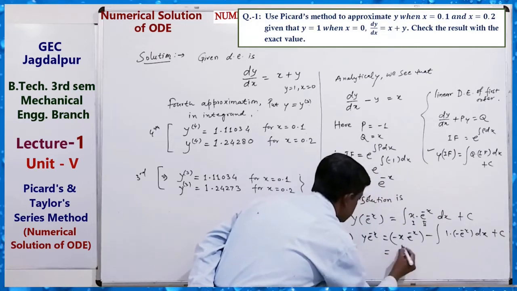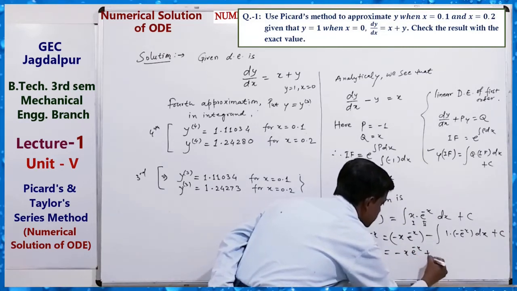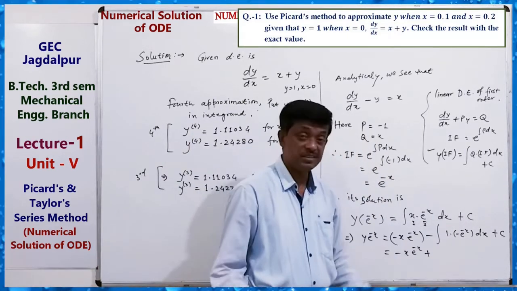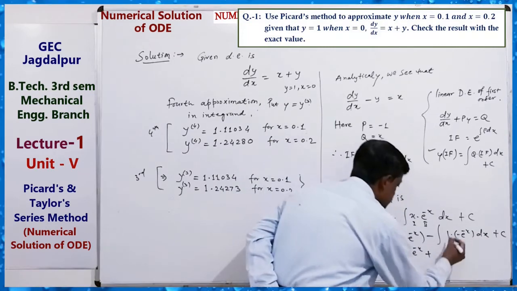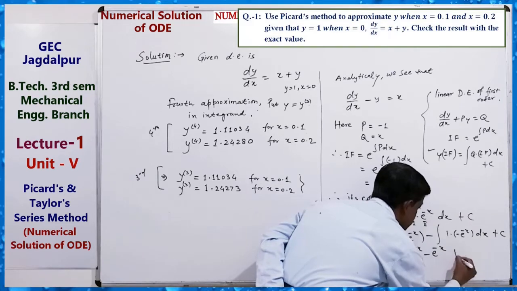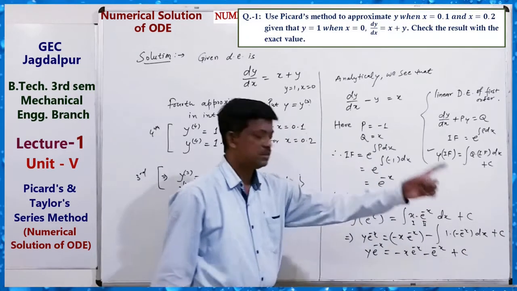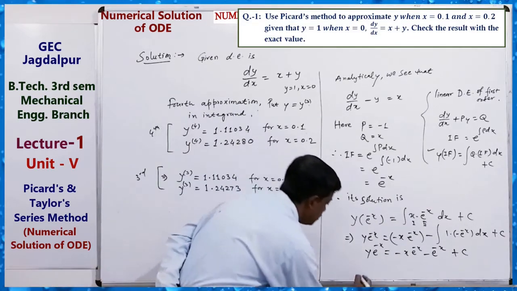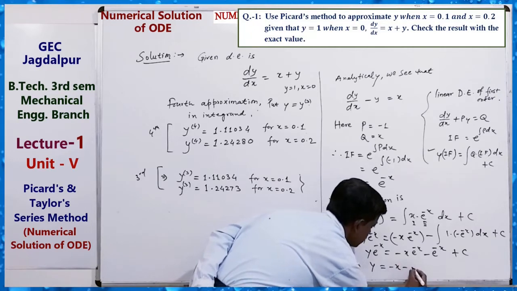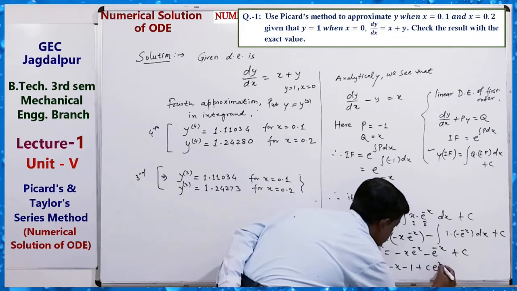So we get minus x e to the power minus x, plus the integral of e to the power minus x, which is minus e to the power minus x, plus c. So y e to the power minus x equals that. Now minus is everywhere, so we can write y equals minus x minus 1 plus c e to the power plus x.